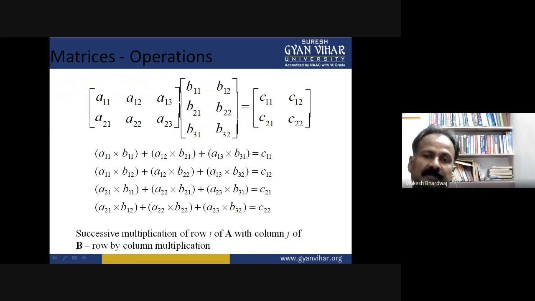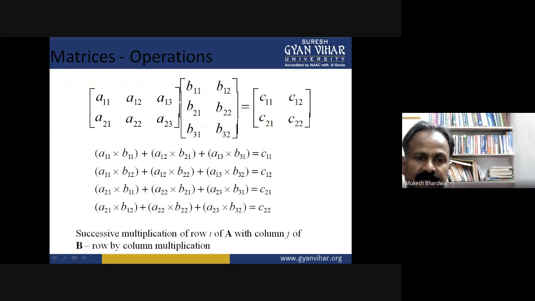The first matrix is of order 2 by 3, having 3 columns, and the second matrix is of order 3 by 2, having 3 rows. We can say that their multiplication is possible and the resultant matrix comes out to be of order 2 by 2. But how do C11, C12, C21, C22 come out?